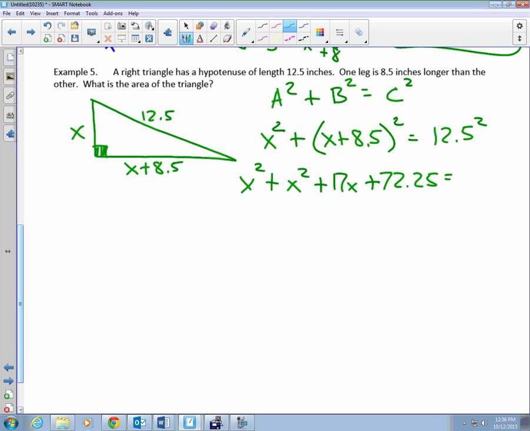And 12.5 squared. All right. What to do, what to do, what to do. Zero it out. 2x squared plus 17x. Subtract that 156 over, and I get 84.